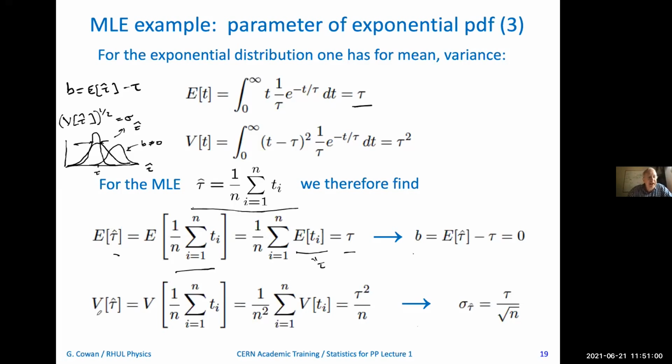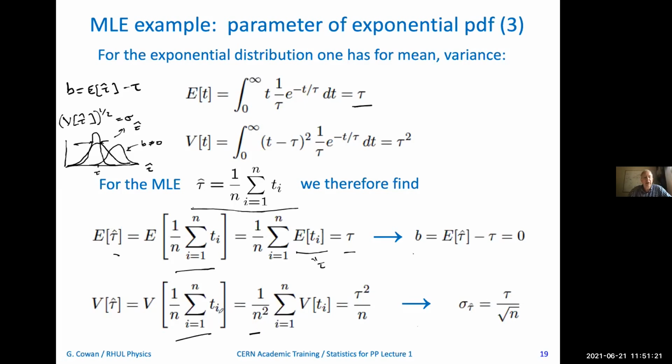Then we can work out the variance of tau hat. And so we substitute tau hat into the variance operator. If you think back about the definition of variance, it involves taking the random variable and squaring it. And so that means that when you pull out a constant, it gets squared.